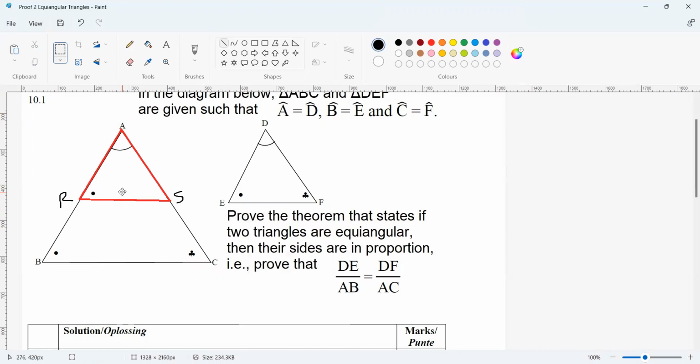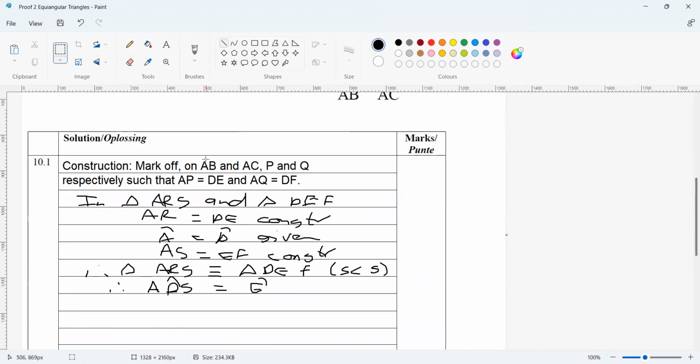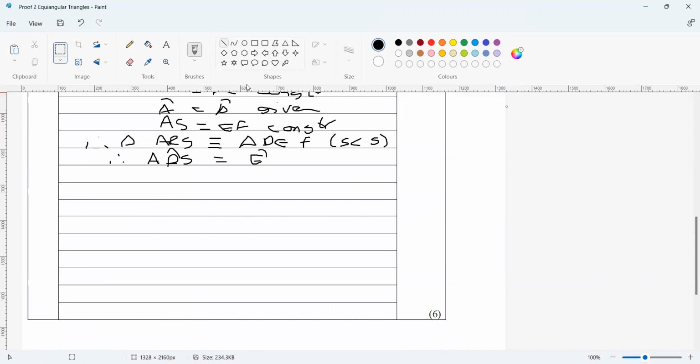That angle is now equal to angle E. But we know that angle B is equal to angle E, and that's given. So therefore we know angle ARS is equal to angle B, and this is due to congruency.